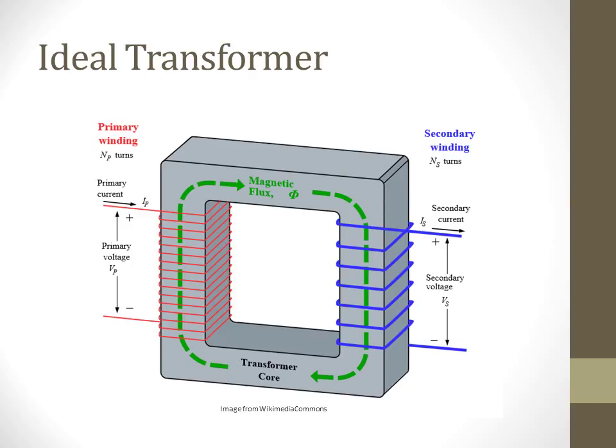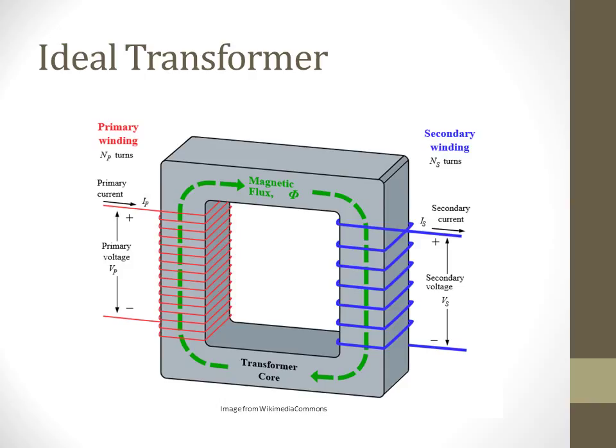We start with an ideal transformer where there are no losses. This transformer will contain a primary winding where the time varying voltage source is applied, a secondary winding to which an external load is connected, and a magnetic core which couples the magnetic flux from the primary side to the secondary side.